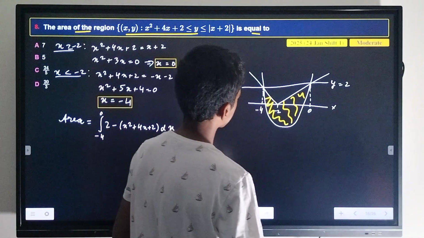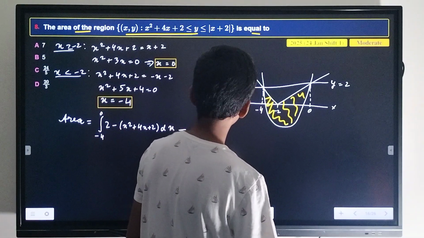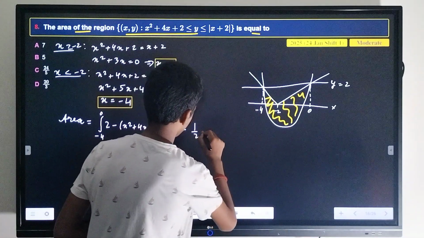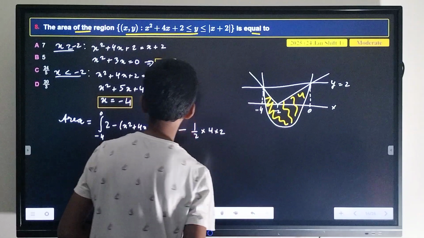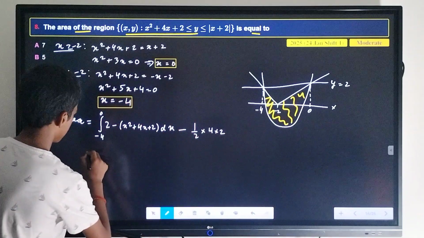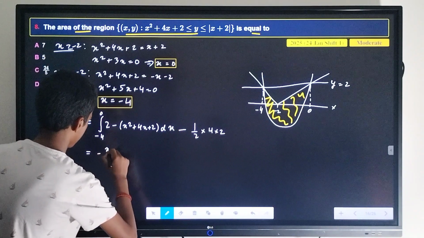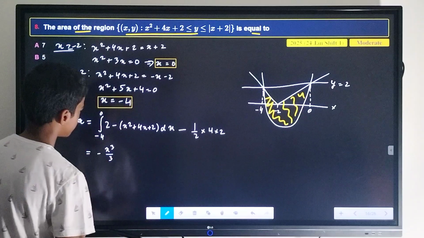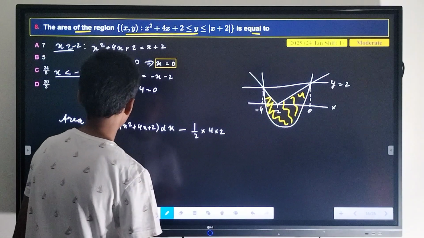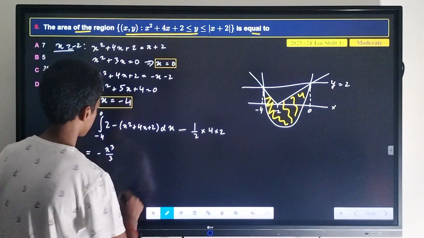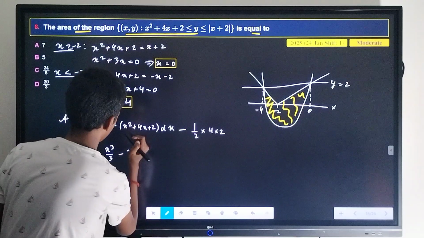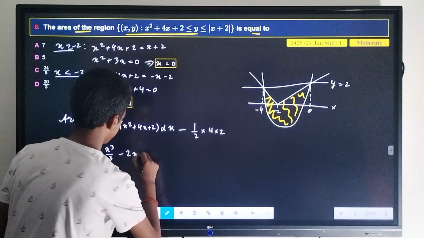So the area of this triangle is 1 upon 2 into 4 into 2. So this is equal to minus x cube by 3 and minus 2x square.